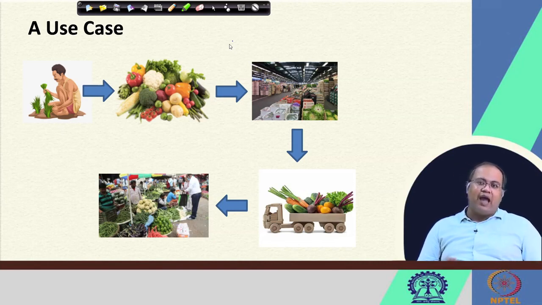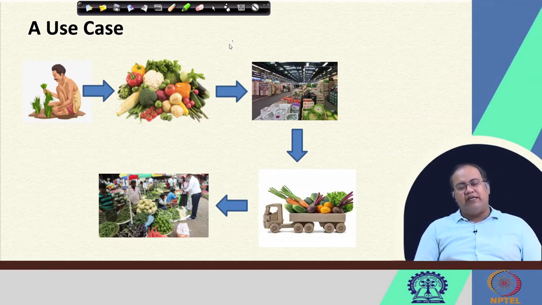In this case we have multiple distributors, multiple wholesalers, and different cold storages which store the vegetables in between. So I have a large number of players participating in this end-to-end supply chain.